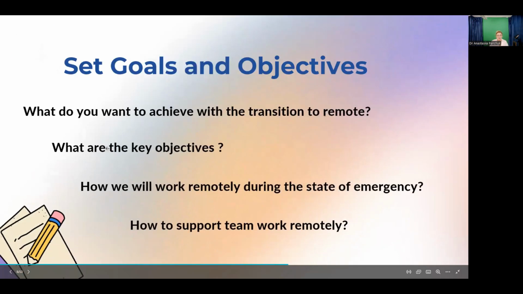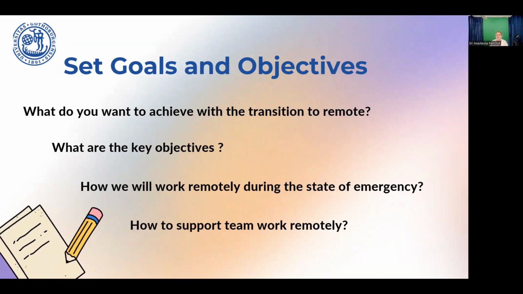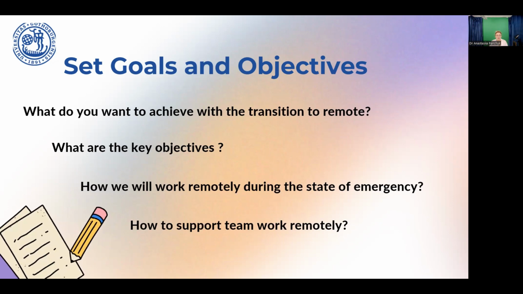The next tool that we propose to use is definitely from management. So when you assess the situation and identify the gaps and possibilities for future remote work, you need to set the goals and objectives. What do you want to achieve with the transition to remote? Is it necessary to go totally remote?